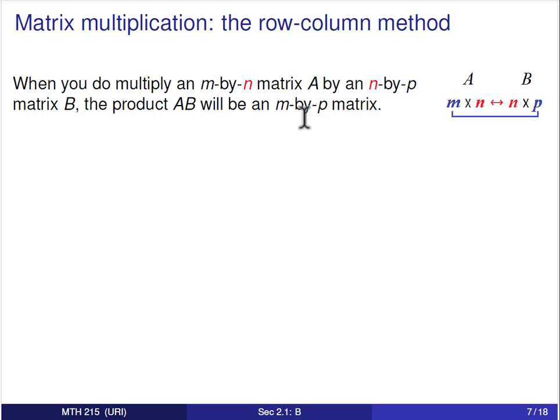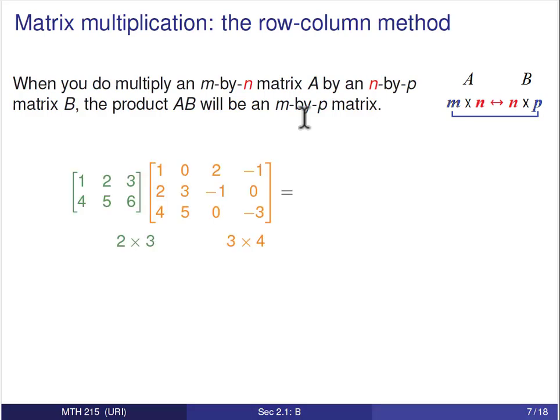Now, with that bit of information, we can get started. If we were to take these two matrices from before, our 2 by 3 matrix and our 3 by 4 matrix, we know that the inside numbers match. The number of columns in A is the same as the number of rows in B. We also know from our rule that the outer numbers tell us the dimensions of our answer.